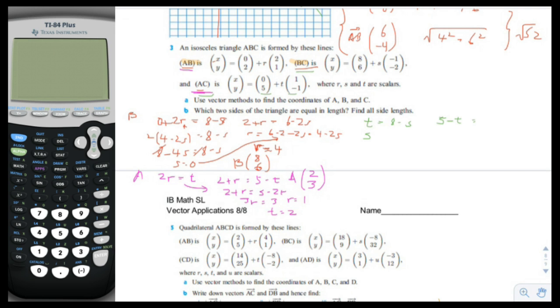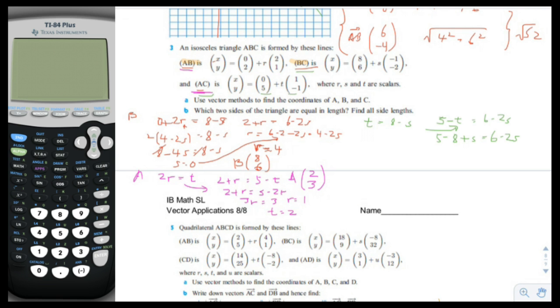And for BC, the y-coordinate is 6 minus 2s. Okay. And then now let's substitute in t equals 8 minus s for here. And then we'll get 5 minus 8 plus s. And on the right side, we'll have 6 minus 2s.